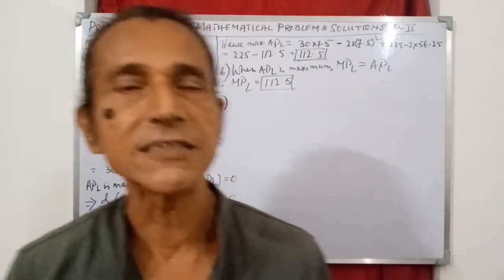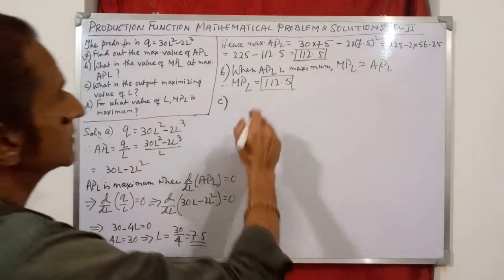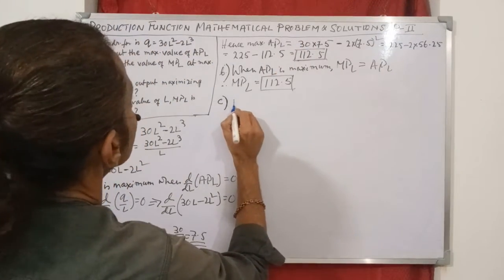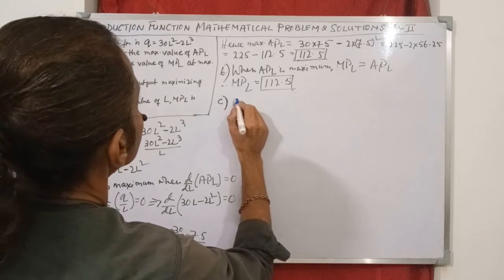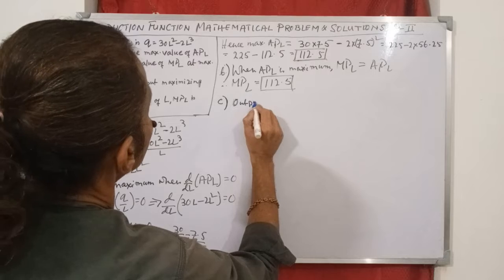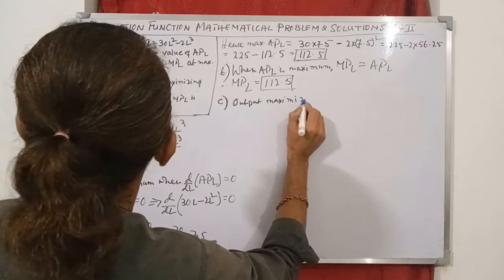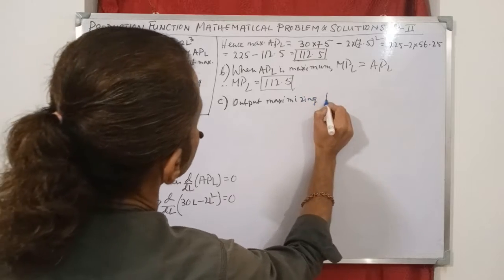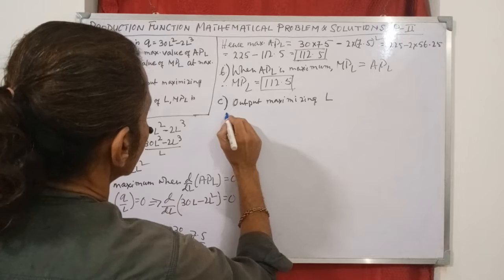That is, dQ/dL, the marginal productivity of labor, becomes 0. So this is the output maximizing L.